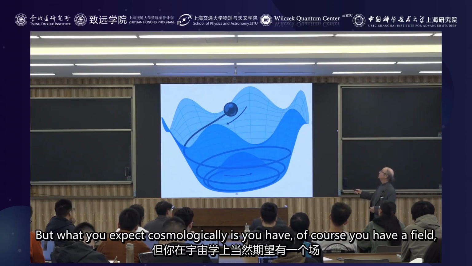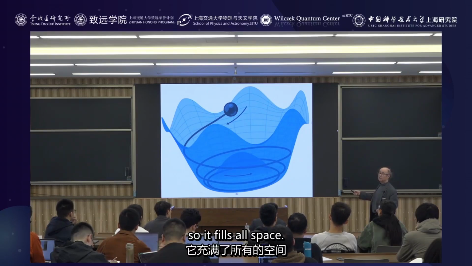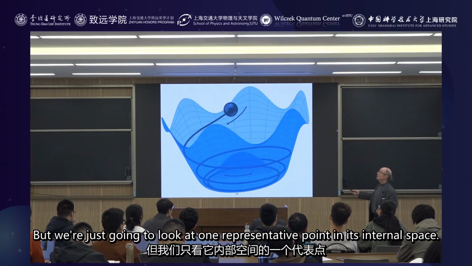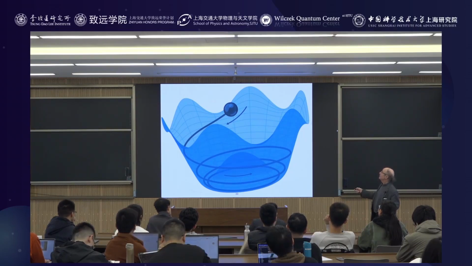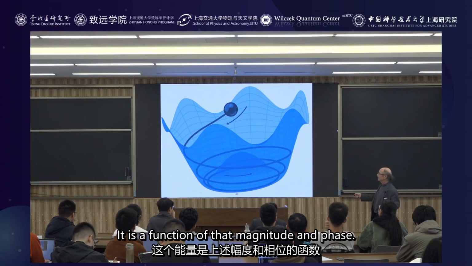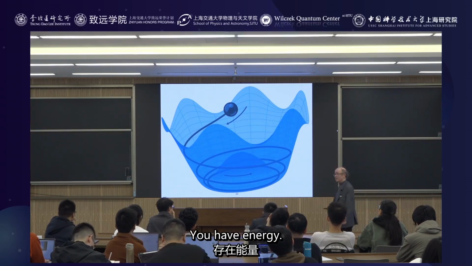What you expect cosmologically is, of course, you have a field, so it fills all space, but we're just going to look at one representative point in its internal space. The internal space is a magnitude and a phase, and as a function of that magnitude and phase, you have energy.